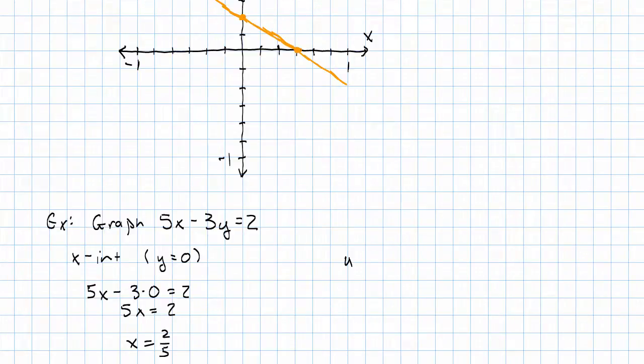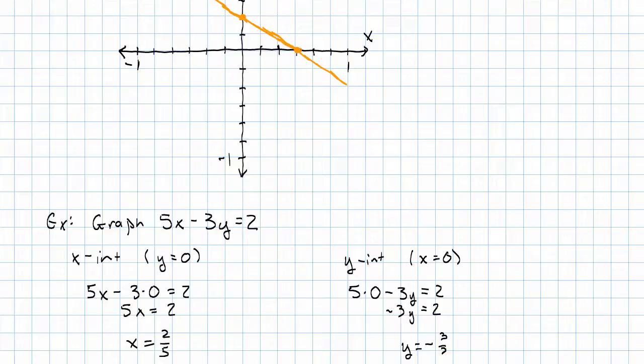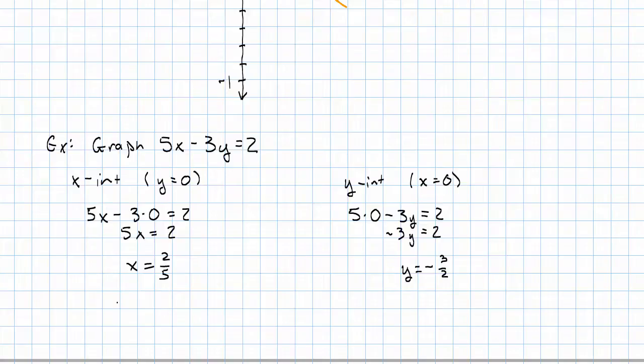My y-intercept, where x equals 0, is 5 times 0 minus 3y equals 2. Negative 3y equals 2. Multiply both sides by negative a third. We get y is negative 2/3. My x-intercept then is going to be (2/5, 0). My y-intercept is going to be (0, negative 2/3).